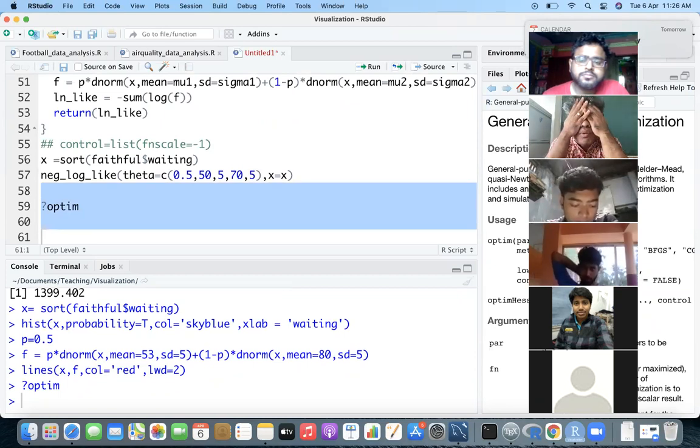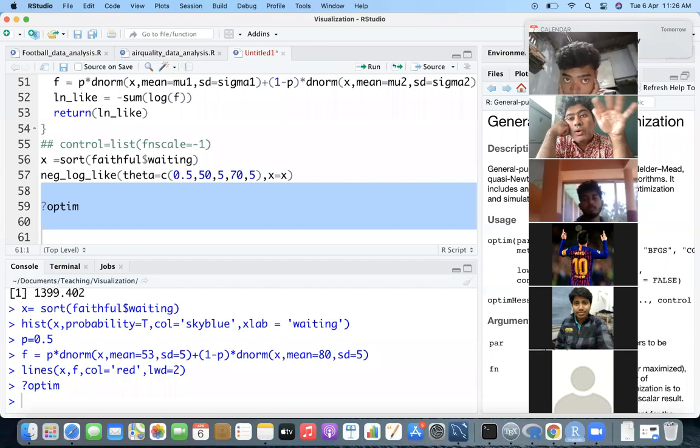Nelder-Mead is a geometric optimization technique. Conjugate gradient will give you a global maxima if you make sure that your likelihood function or the log likelihood function is a convex function.